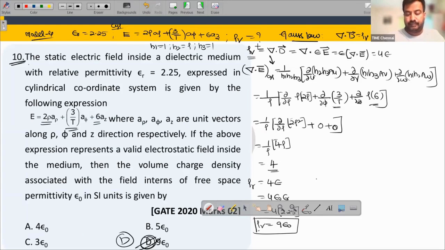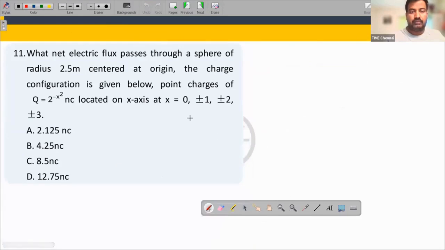Next question. Okay, this is more. Try and solve this.